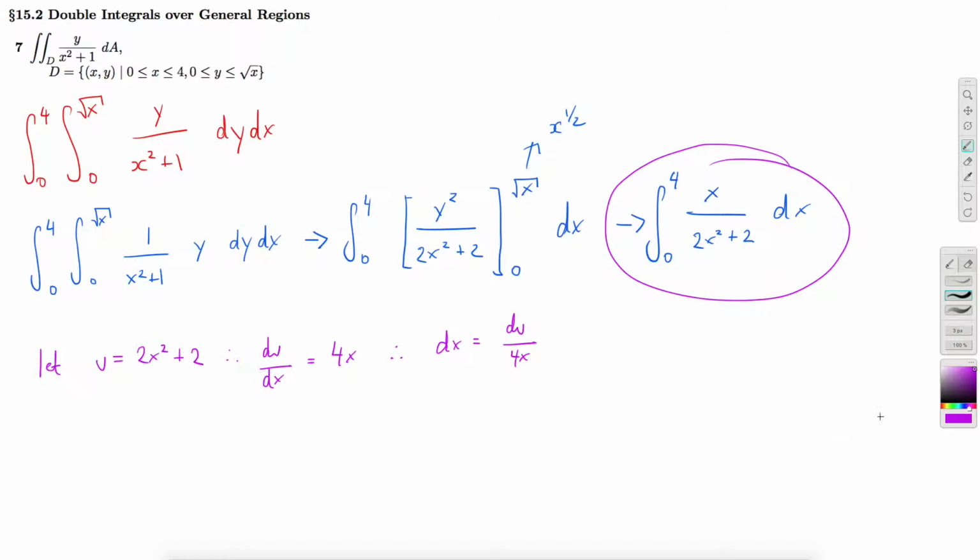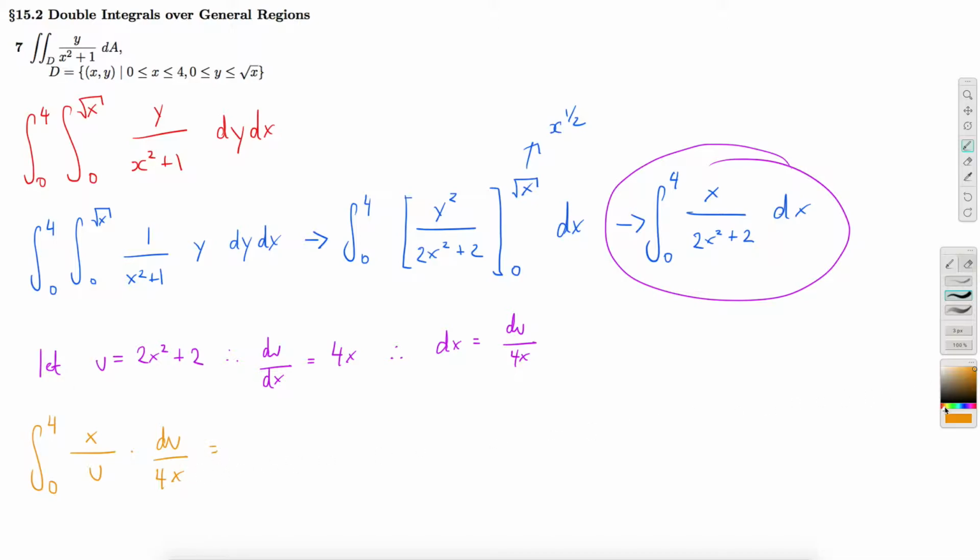So now we can rewrite this equation like this. x over u times, we're getting rid of our dx and we're putting du over 4x, right?